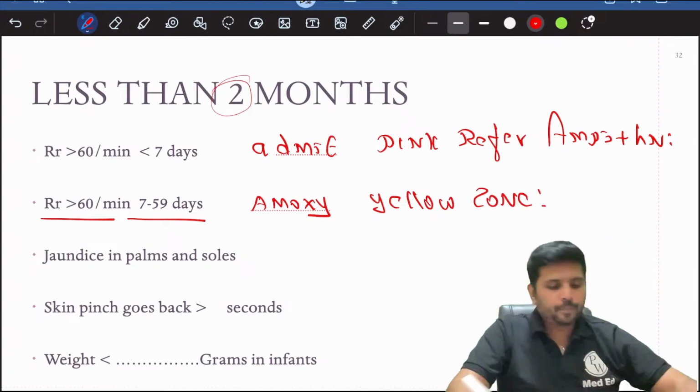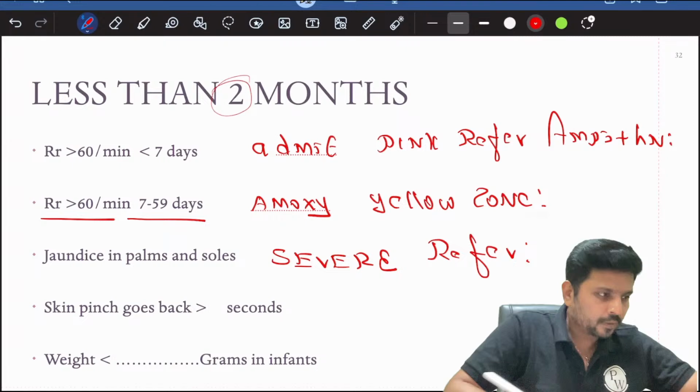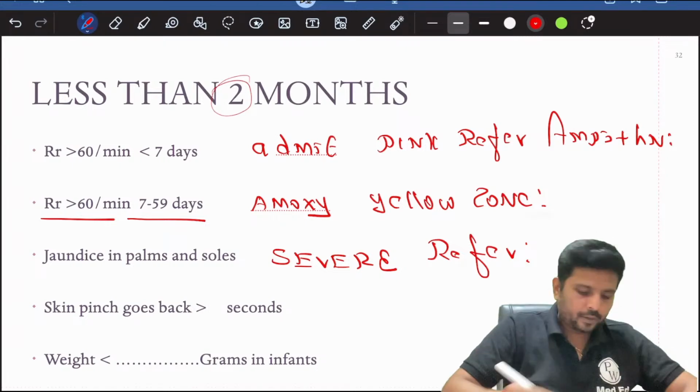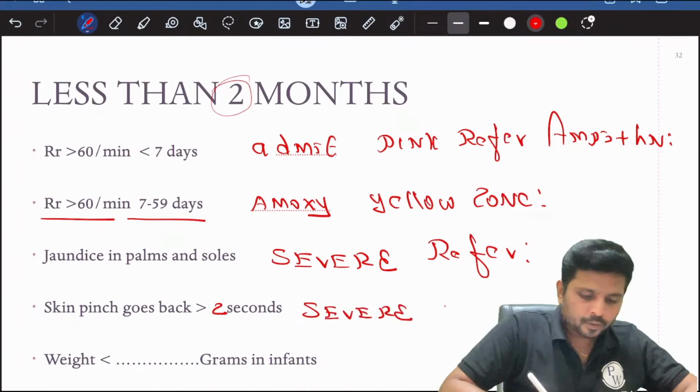Jaundice in palms and soles means it is severe. You need to refer. Skin pinch goes back slowly means severe dehydration. Pink, you need to refer.